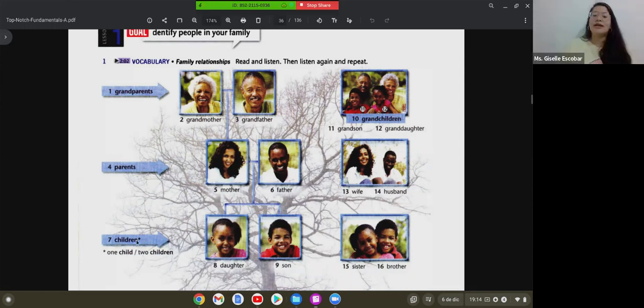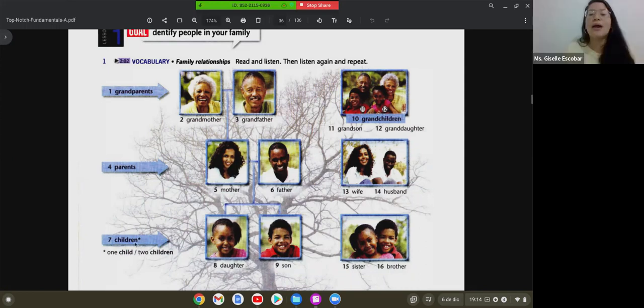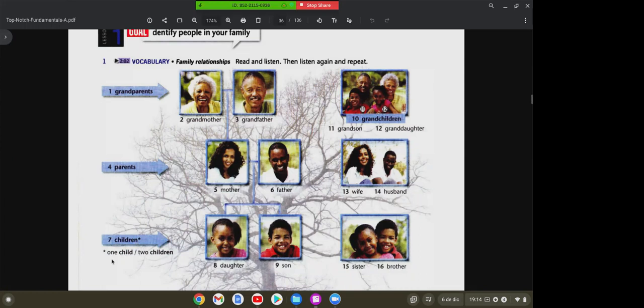So children significa niños. Es en plural. Si queremos decir un niño, we are going to say one child. Okay, repeat that one.